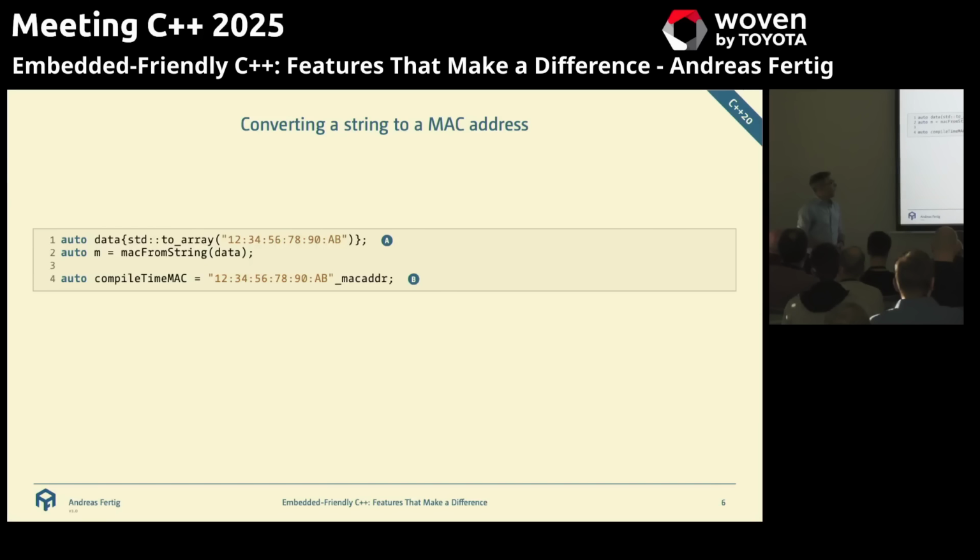And I offer two options to now trigger the actual conversion. One is calling a function called macFromString. So that's my actual conversion function. And sometimes it's just nicer to have a user-defined literal like in B here and provide a string literal, put the user-defined literal MACAttr to it, and let it do the conversion.